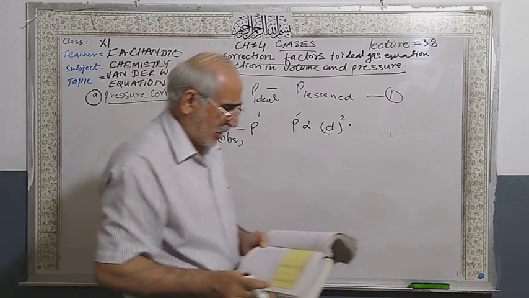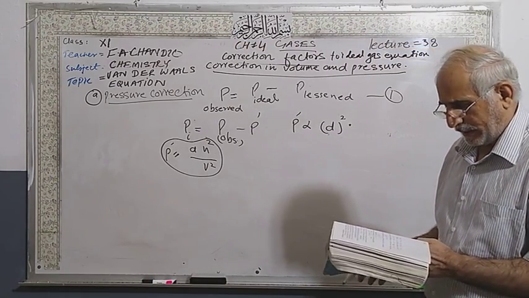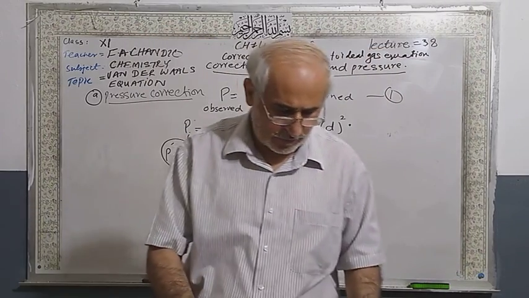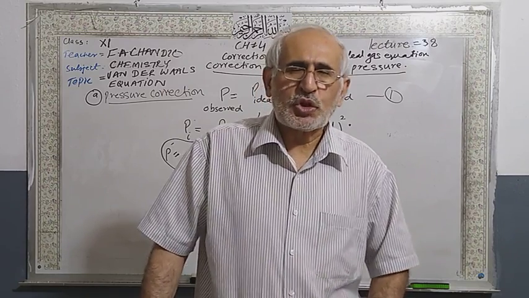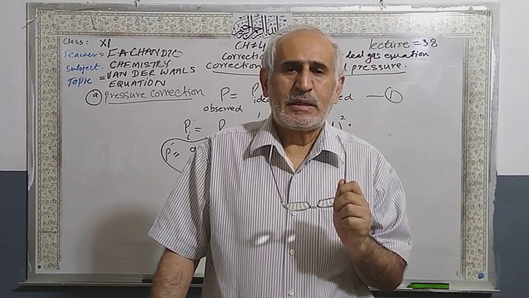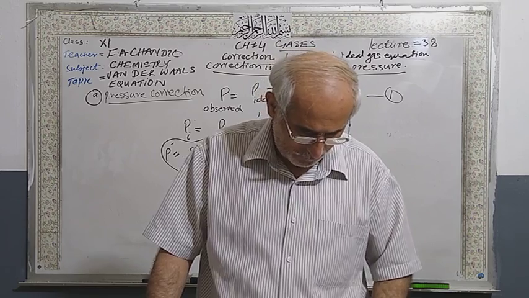P dash is equal to a n square over V square, where n is the number of moles of gas, V is the volume, and a is the proportionality constant, or van der Waals constant.